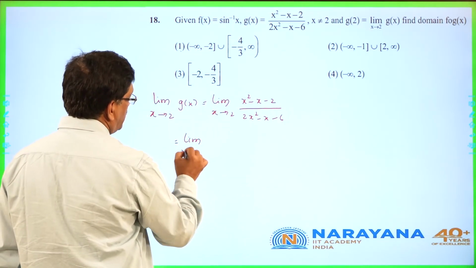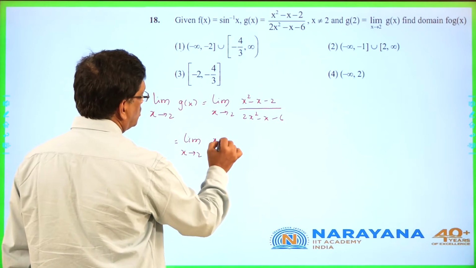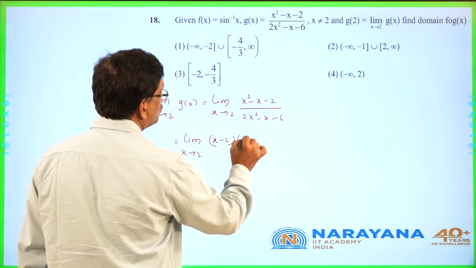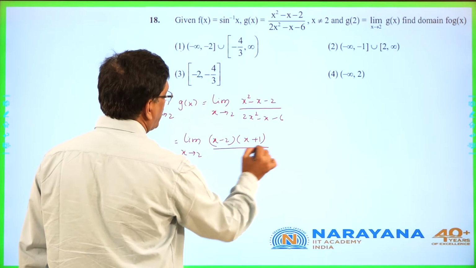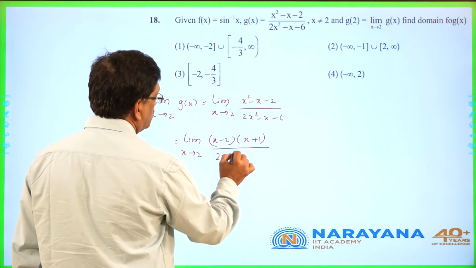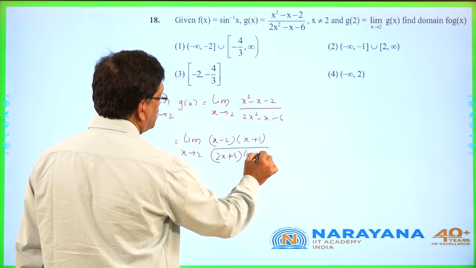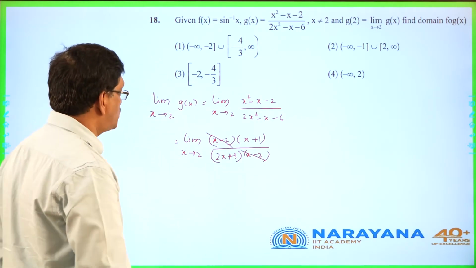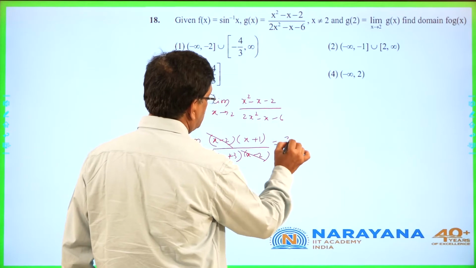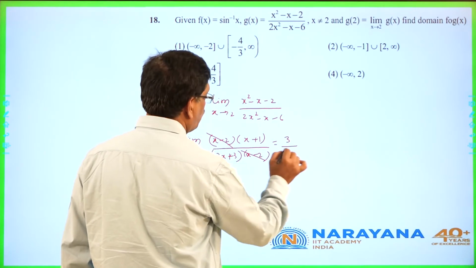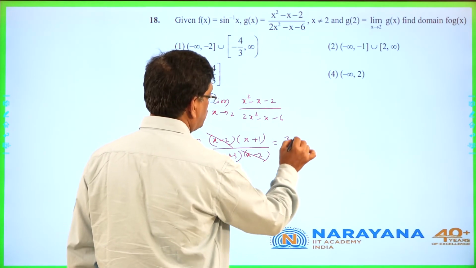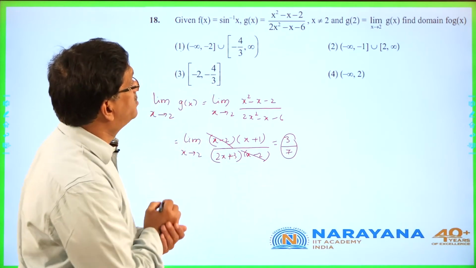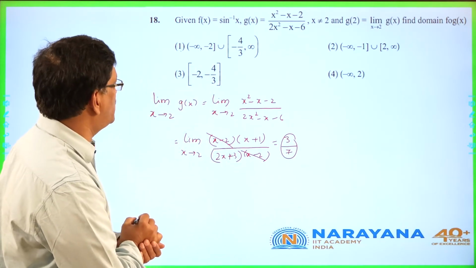That is limit x extends to 2, (x minus 2) into (x plus 1) factors are there, (2x plus 3) into (x minus 2). Common factor, x tends to 2, that is 3, 2 into 2, 4, 4 plus 3, so 3 by 7. Fine. Find the domain of F circle G of x.